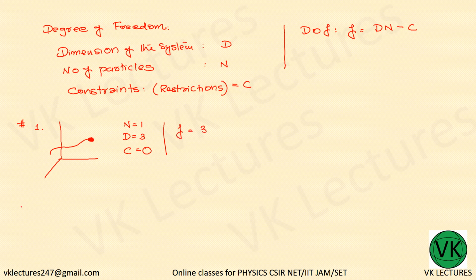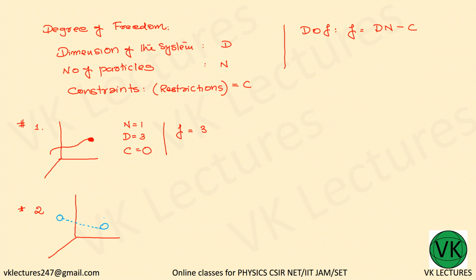Let's look into another example. If this is 3 dimension and there are 2 particles, so here is one particle and another particle over here, and they can move in any direction, but they are connected by a rod.